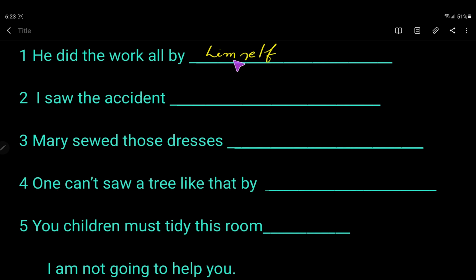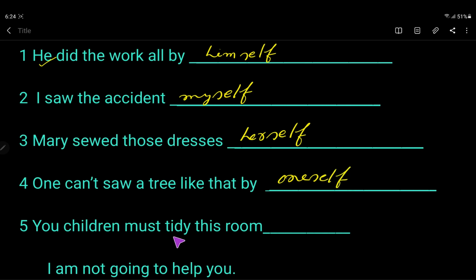The main thing or the basic thing of the reflexive pronoun is it should come back to the subject. So next one, I saw the accident by whom? Myself. Mary sewed those dresses herself. One can't saw a tree like that by oneself.